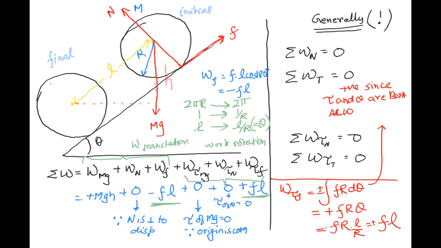Therefore, the net work done by friction is equal to zero. Summation W is equal to plus mgh.